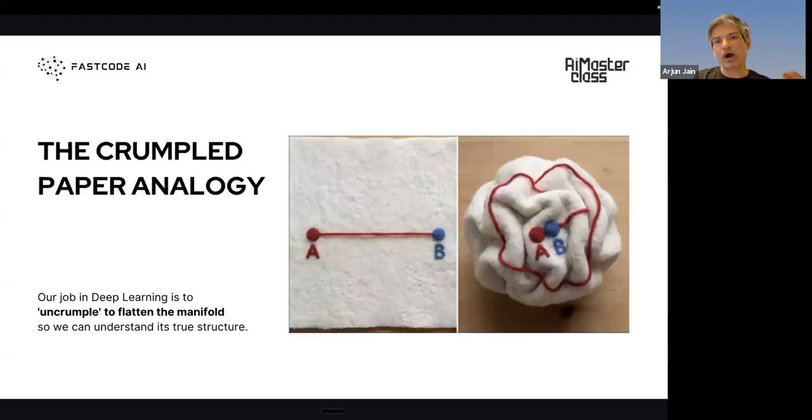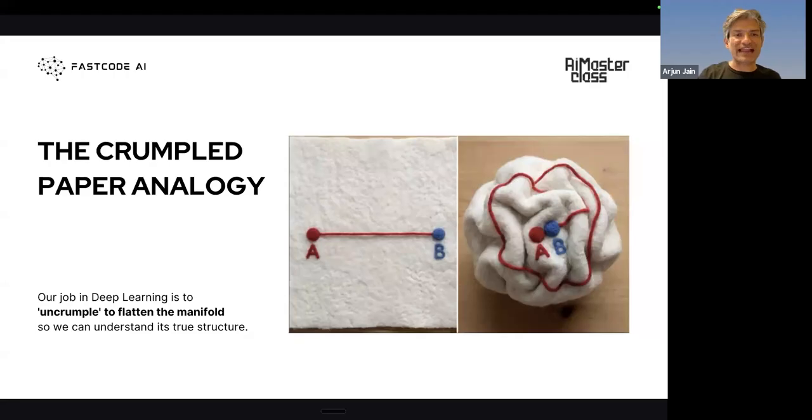So how do we think about that concept? One way to think about it is this crumpled paper analogy. What we're essentially saying is this manifold, right? Here it's a simple line, but in some space it can look like a very crooked line. But when you transform it into another space, it looks like a straight line.